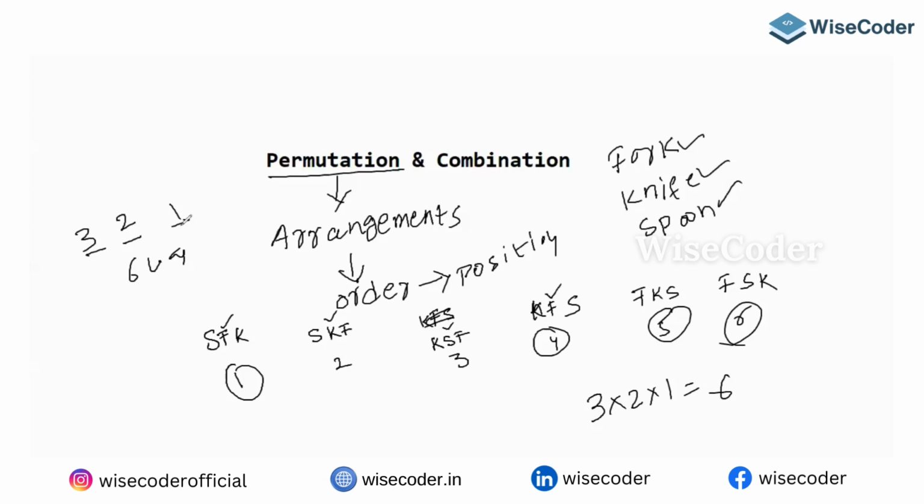Now the third position can be filled in only one way, with the remaining object. So 3 into 2 into 1 gives you 6 ways.